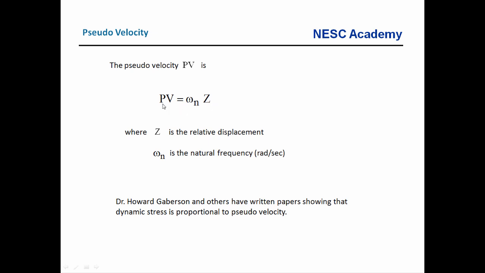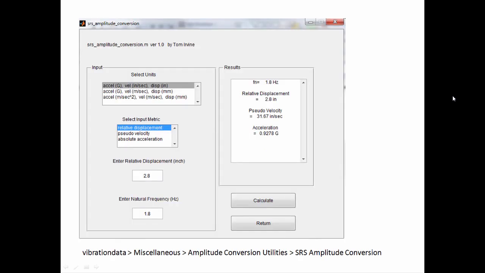And if we wanted to get the relationship between the absolute acceleration and the relative displacement, so let's say we have A for absolute acceleration on the left-hand side, that would be equal to omega squared times the relative displacement. And I've got a paper I'll post on my blog that goes over these relationships in a little more detail along with their derivations.